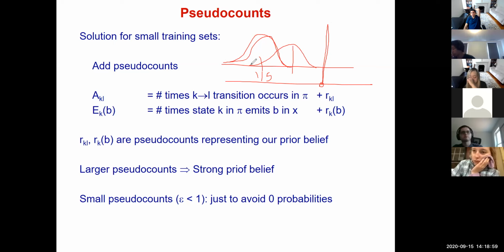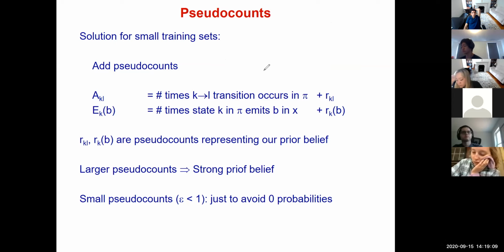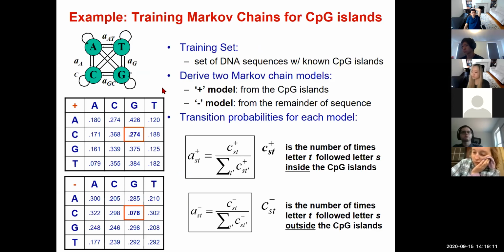So I'm going to move my Gaussian estimate a little higher to maybe 2/5, as opposed to what the frequentist approach would give. Okay. All right, so that's for pseudo-counts, and basically the way that we obtained these numbers when I showed you earlier for CpG islands was simply counting how many times did I have the letter T followed by the letter S inside CpG islands versus outside CpG islands, and that's what gave us those numbers.